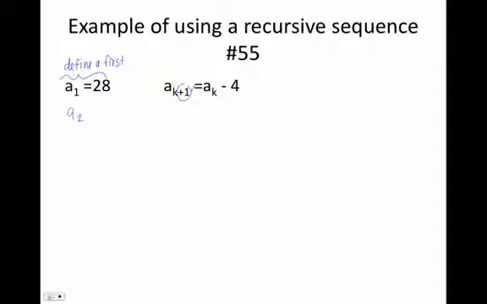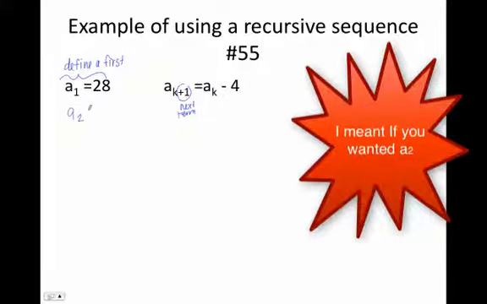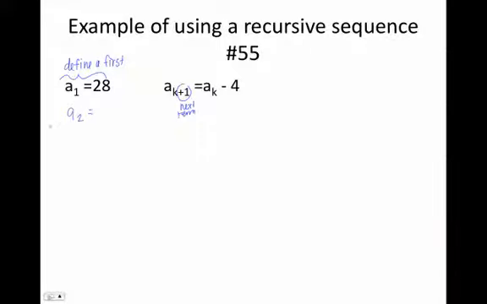But still, if you wanted the kth term plus 1, so the next term, then you would have to use the one previous to it minus 4. So if I wanted a sub 2, since k plus 1 is equal to 2 here, then what we have to acknowledge is that k would just be equal to 1 here.